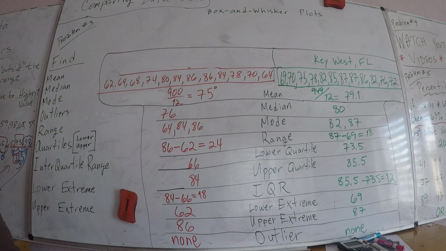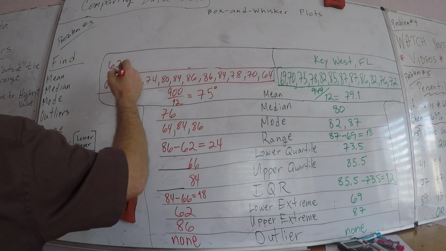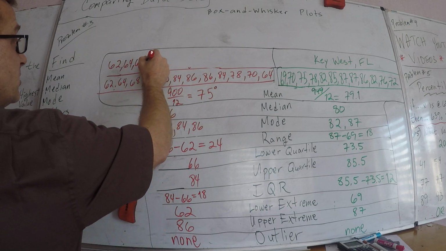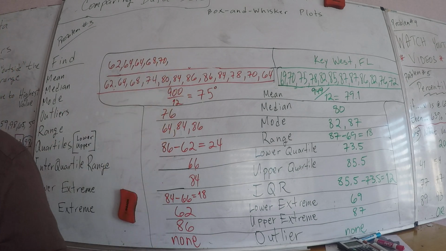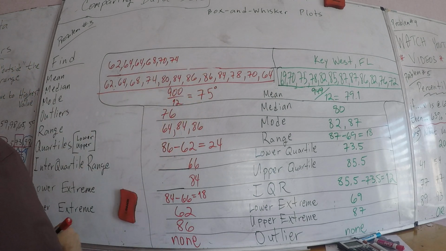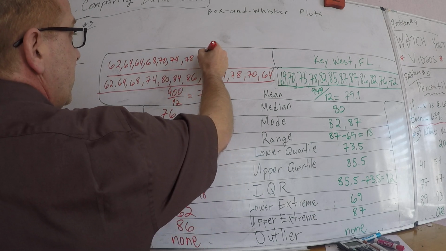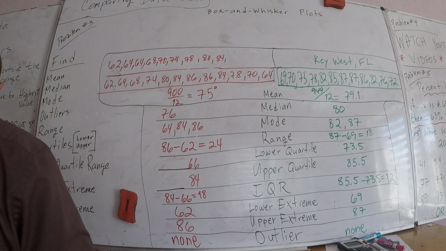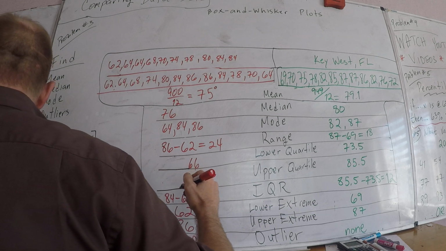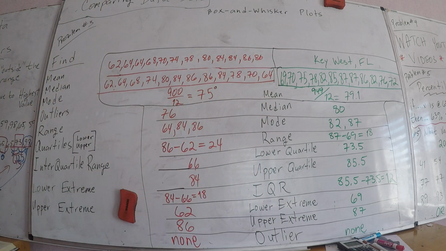So, they put it in order: 62, 64, 64, 68, 70, 74, 78, 80, 84, 84, 86, and 86.